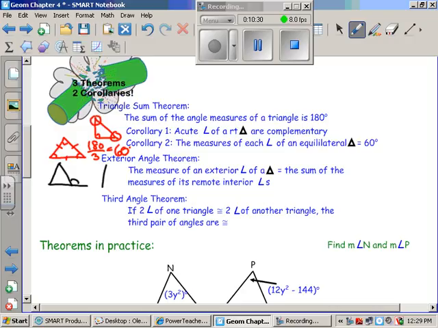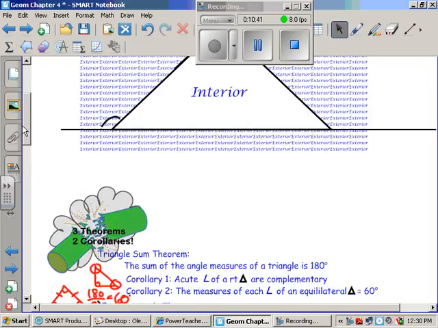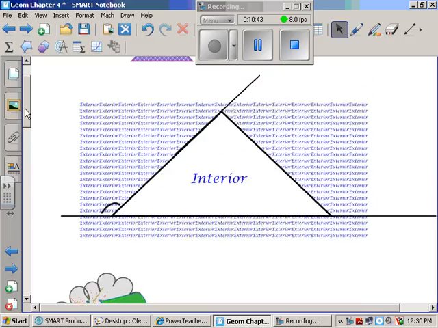Or if I extended that side, the exterior angle would be there. It's just formed by extending one of the sides of the triangle. All right, so it says that the exterior angle of a triangle, so this one or that one, doesn't matter, but let's take this one, is equal to the sum of the two remote interior angles.